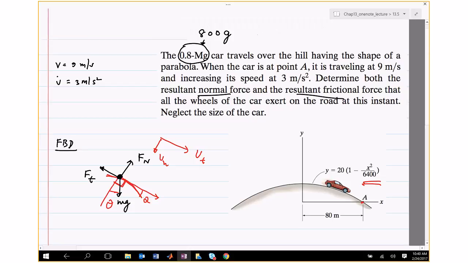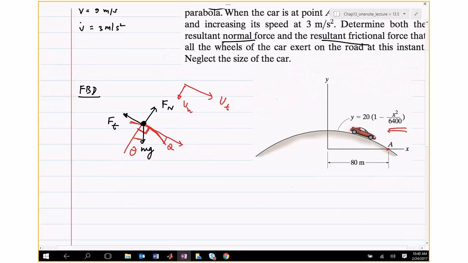Okay, so we have the free body diagram. Am I missing something? Okay, it looks like it's good. So let's write the equation of motion. Again there are two equations, one for the normal, one for the tangential direction. So summation Fn is mass times an.